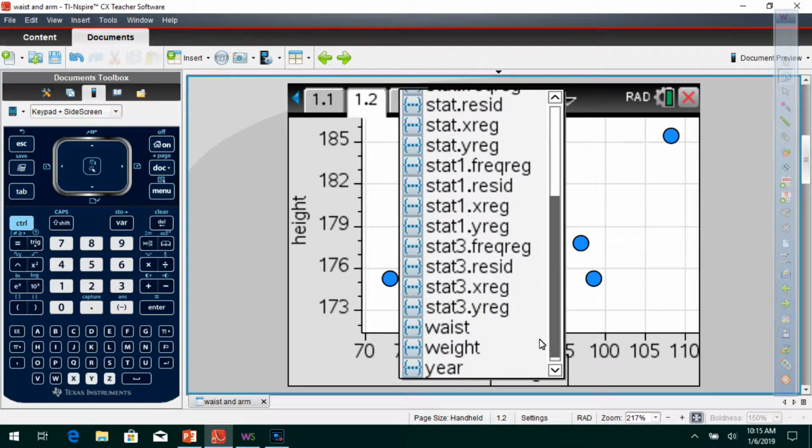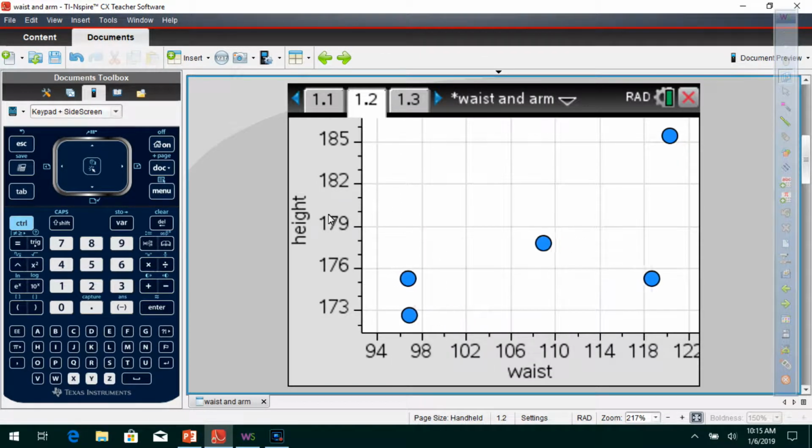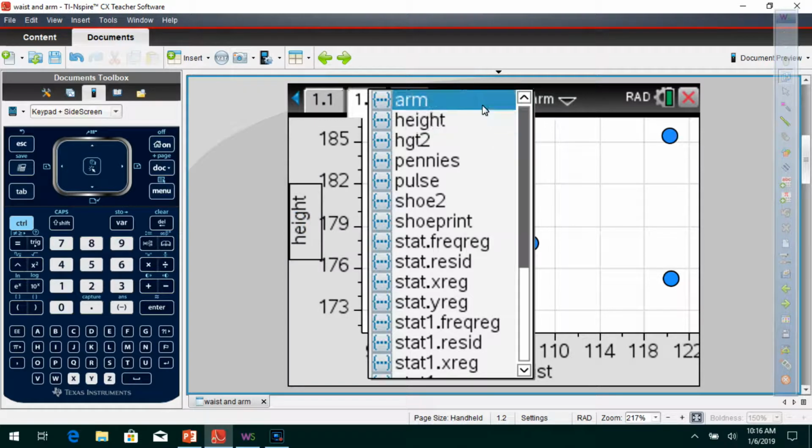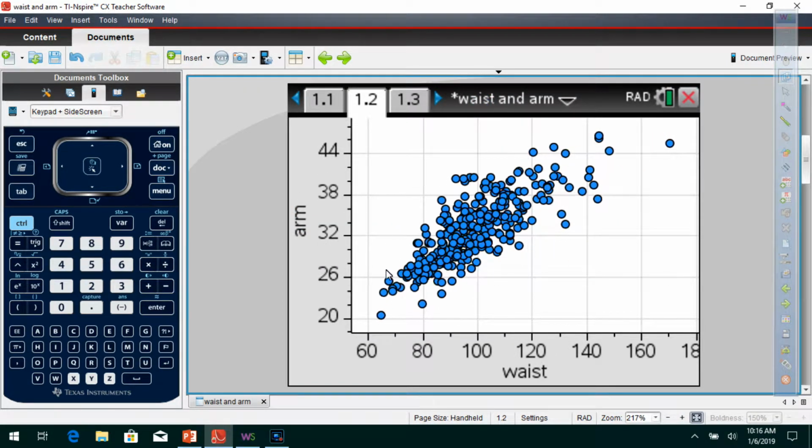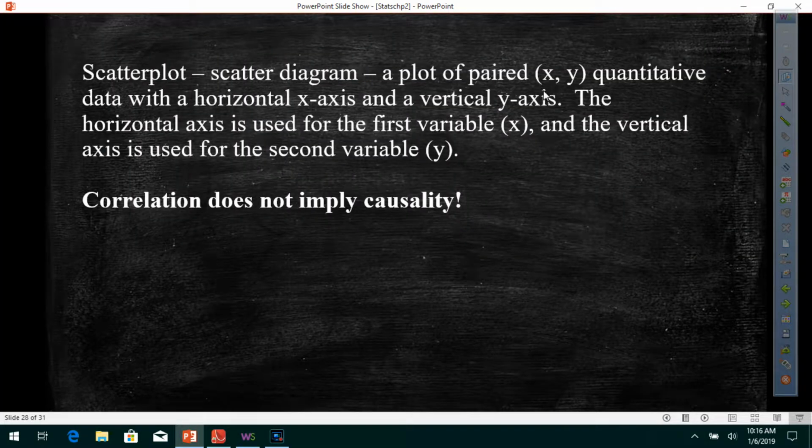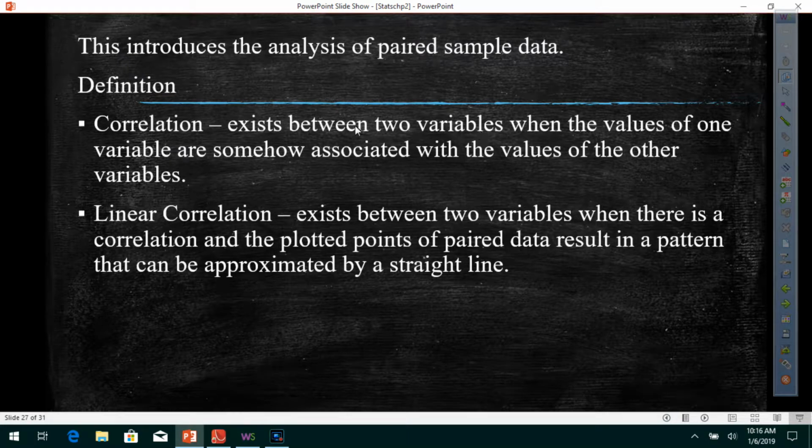Got a bunch of them in here, don't I? Waist and arm. All right, now that looks like that may have some correlation.